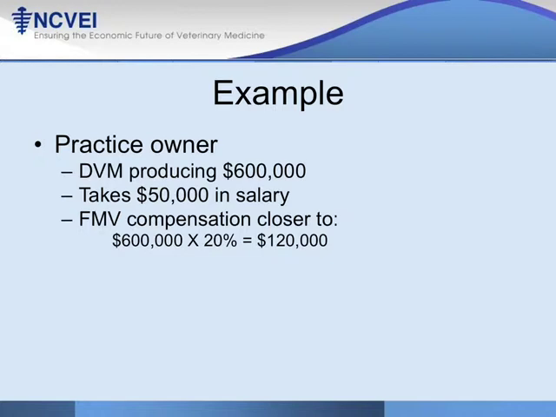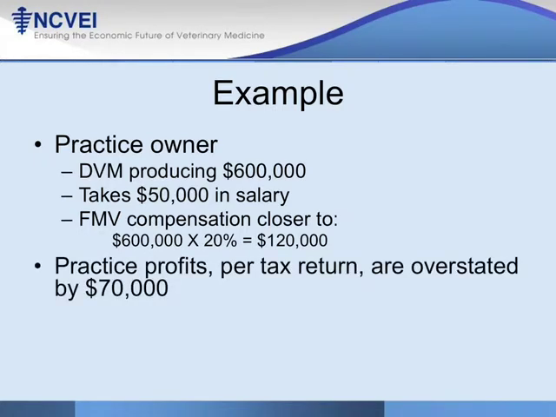If you took their $600,000 in production times 20%, which is an average production percentage, then they would expect to be paid, if they were working out in the free market, $120,000 for their medical and surgical activities. In this tax return, because there's only $50,000 in salary showing up, the practice profits are actually overstated by about $70,000, and that's the difference between the $120,000 that they should be paid on a fair market value basis and what was recorded in the tax return.